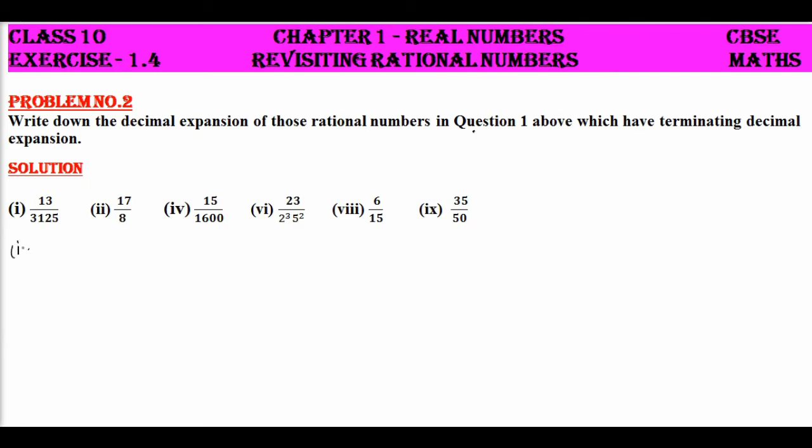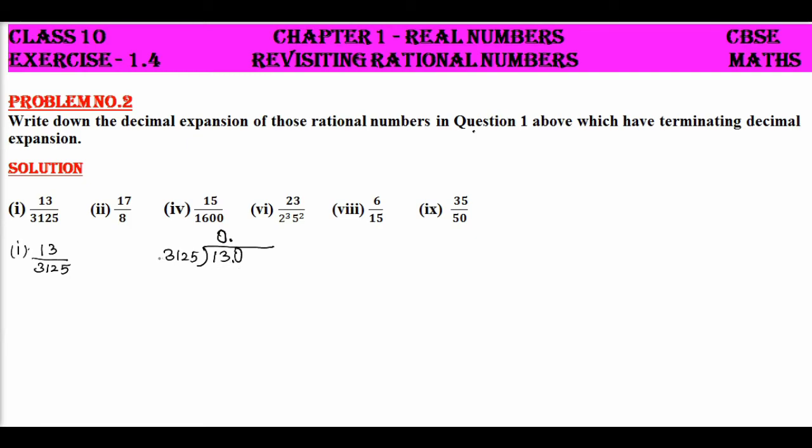The first subdivision is 13 by 3125. Now let's divide 13 by 3125. It is not divisible, so we have a 0 in the quotient and a decimal point. Now let's include 0 here.